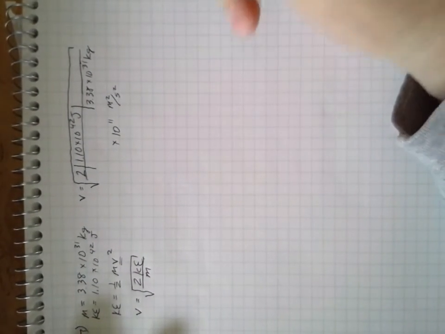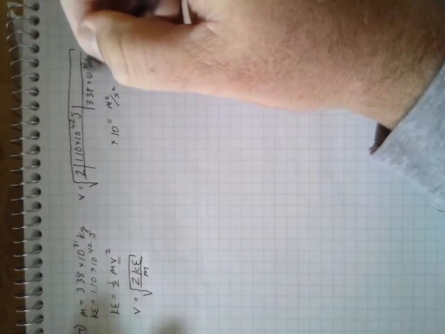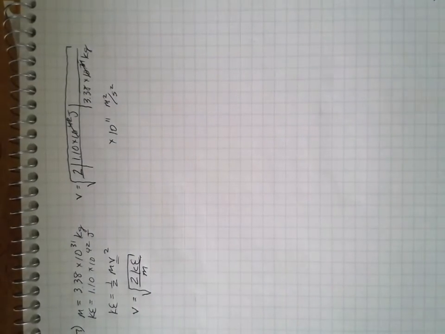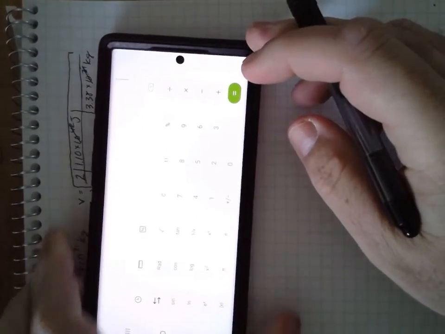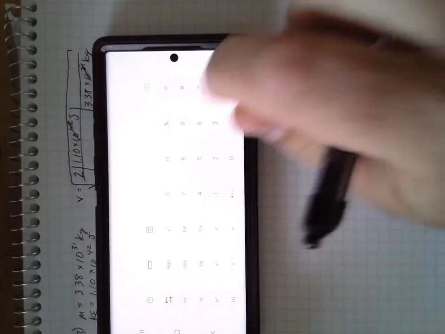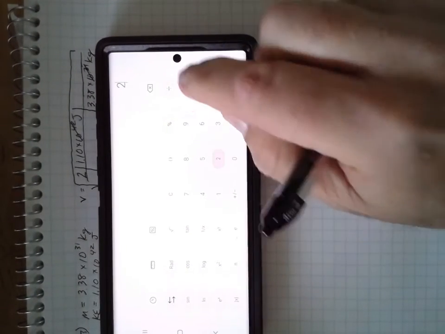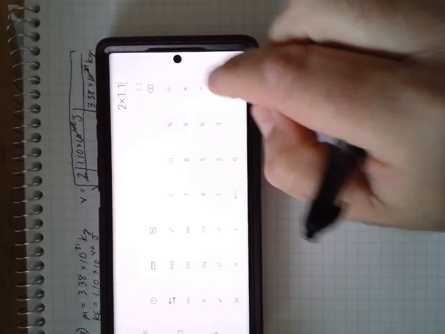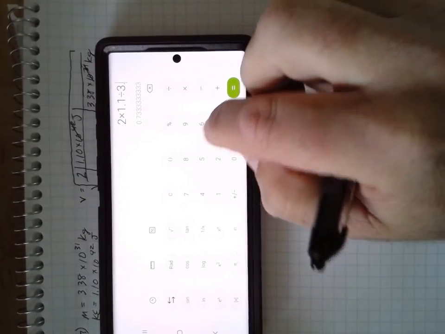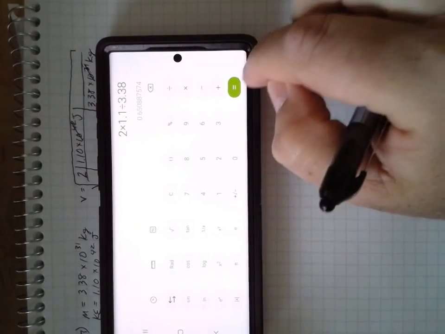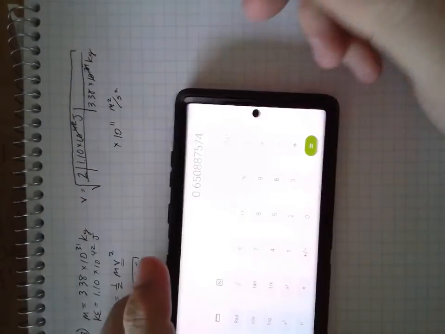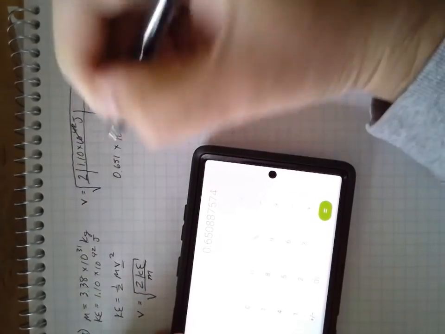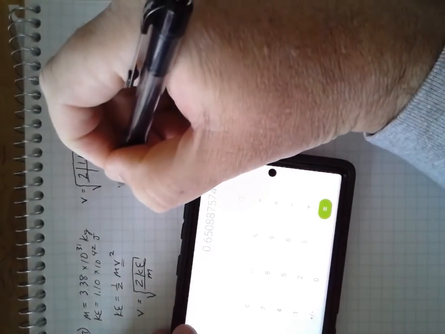Now I've got rid of the powers of 10, so I just deal with these numbers right here. I bring over my handy dandy calculator, and all I do is 2 times 1.1, which we could have done in our head, 2.2, divided by 3.38 equals 0.651. And this is also going to be square rooted.